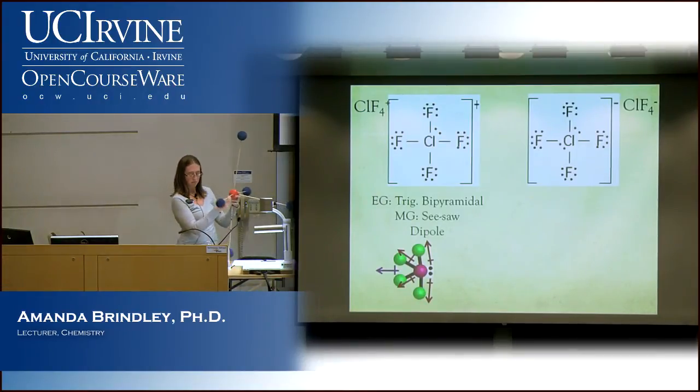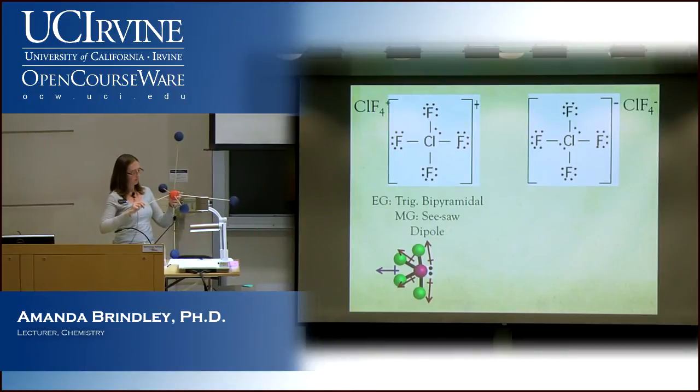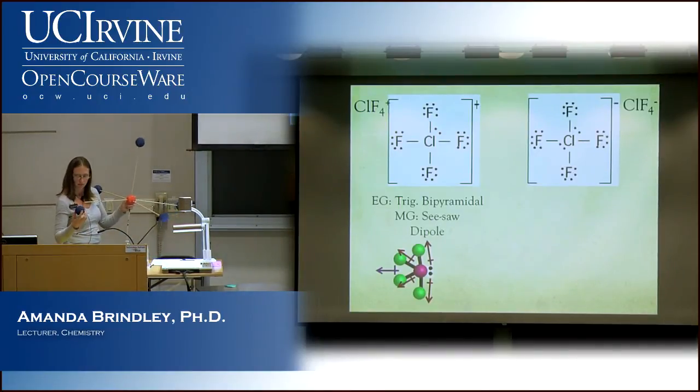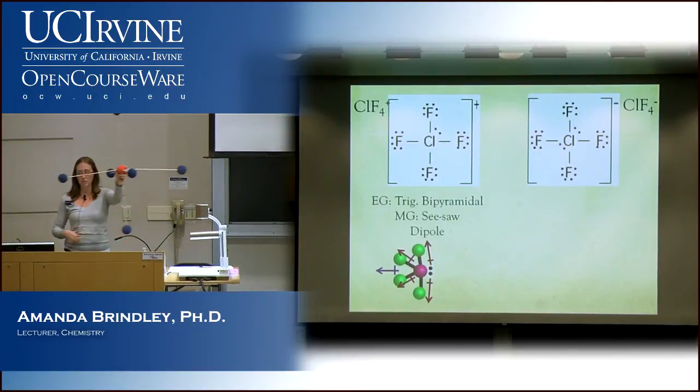So we have this shape. So that's for our electron geometry.